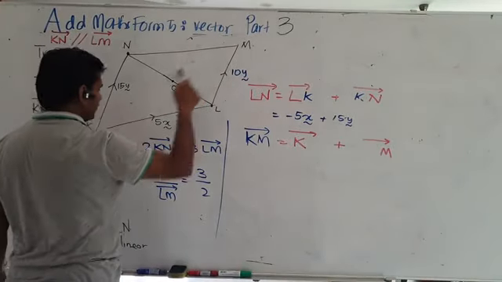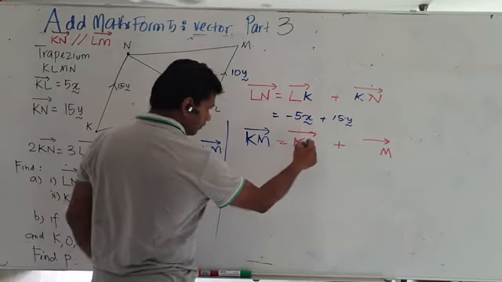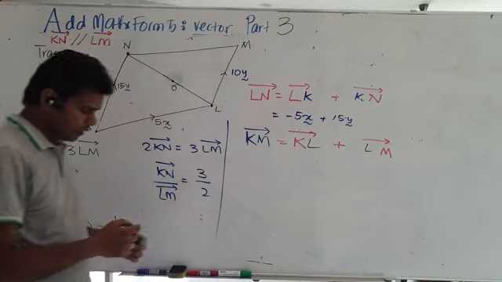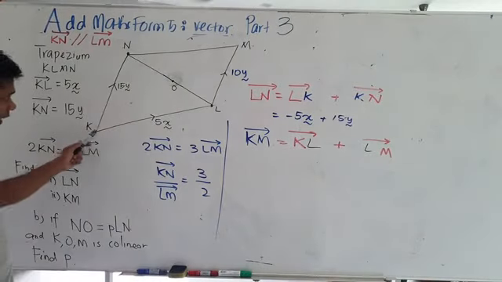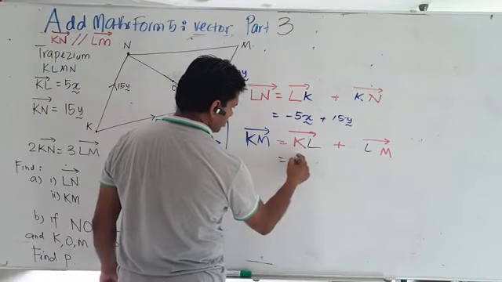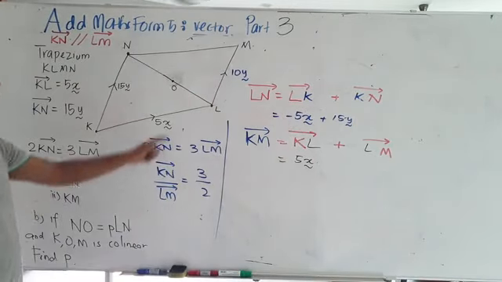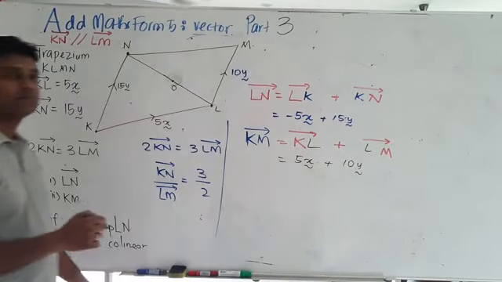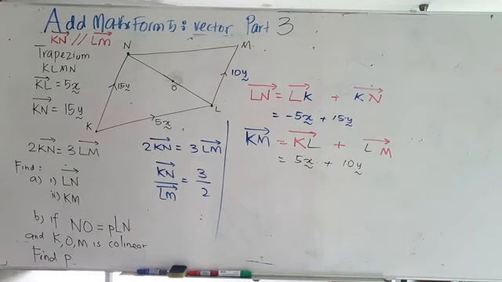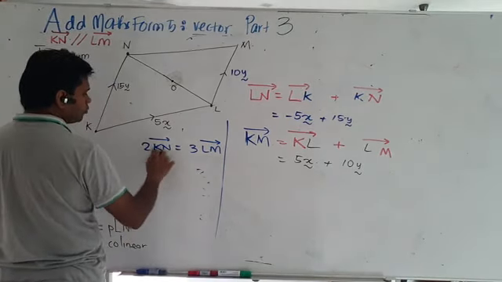Since I'm using this triangle KML, L is involved, so I'm going to use L. So you got the equation, L and L cancel off, you get KM. So what is KL? KL is positive 5x. Here it was negative 5x, because it's LK, opposite direction. Here it's 10y, so add 10y for LN. Done. That's your answer for KM. Are you okay? All right. So simple as that. So maybe up to now you might get 2 marks, maybe 3 marks.